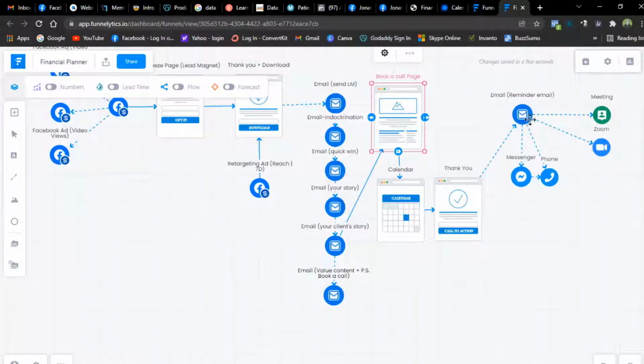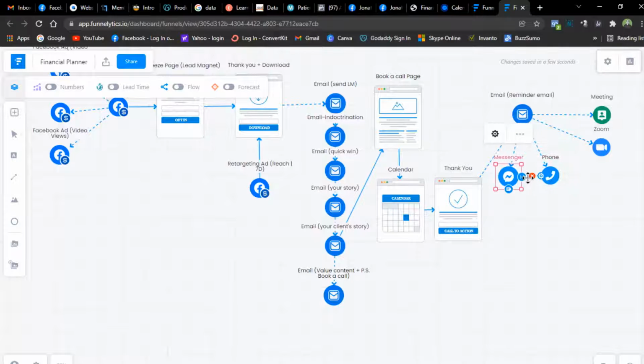So this can be a sequence, or you can set this up the night before or in the morning, so that they won't forget. And then you can also give them a link to your messenger or your phone, so that you have another way to connect, since you guys are gonna meet in person.